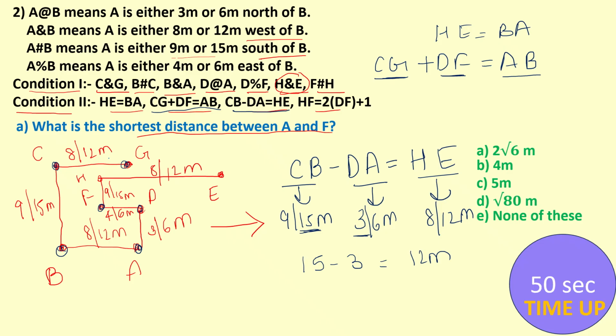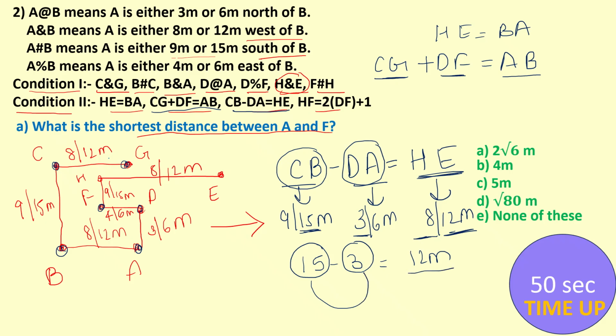So it is confirmed that CB distance will be 15. If it is 15 and DA distance is 3 meter, then only HE can be either 8 meter or 12 meter. So when I do 15 minus 3, you will get 12 meter.